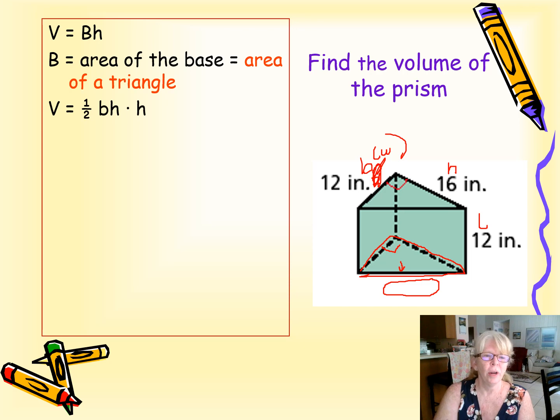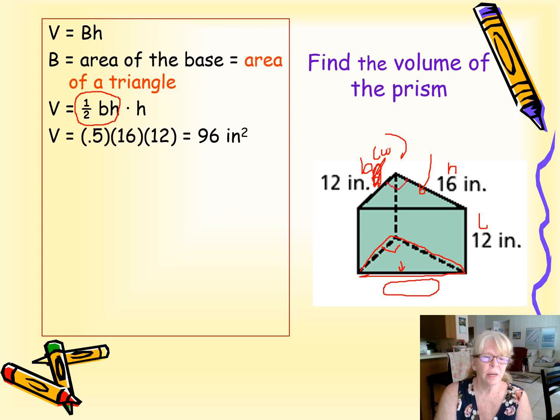Okay, so here's your formula, and I put base or width, height and length. So here is the area of the triangle, your 12 times 6, and then times height. But watch how they do this, okay? They turn that into 0.5 times 16 times 12. And so please don't get confused.